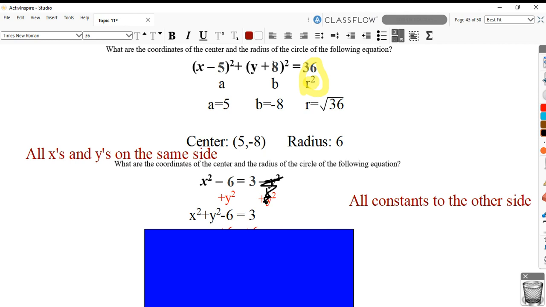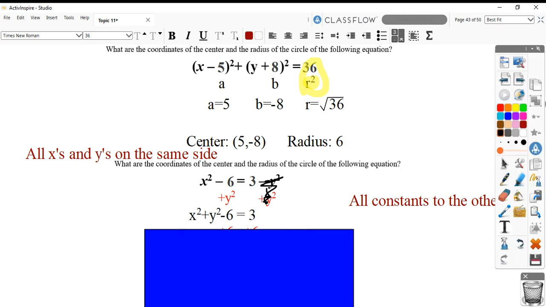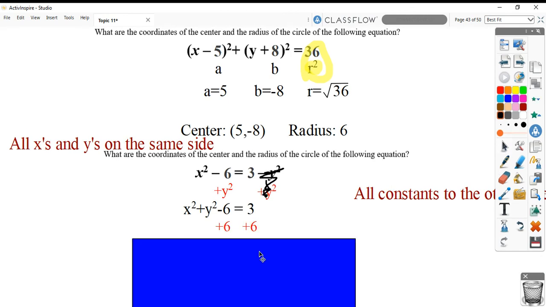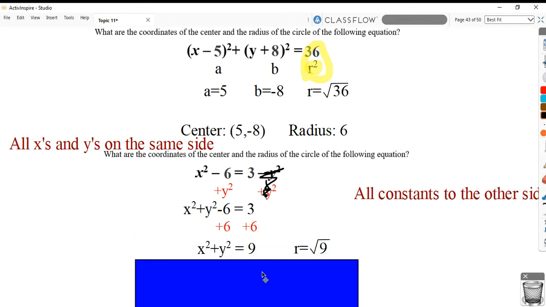Any constant numbers that are not directly attached to x and y are all on this side of the equal sign. So we need to get rid of this minus 6 because it's not directly attached to x and y. We're going to add 6 on both sides. That gives us x squared plus 9 plus y squared equals 9.